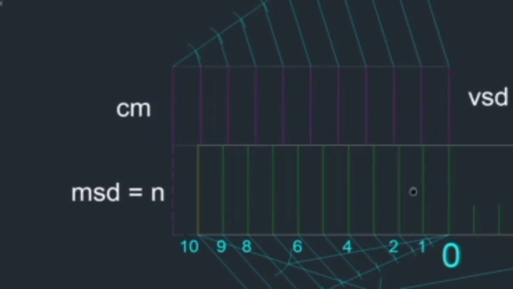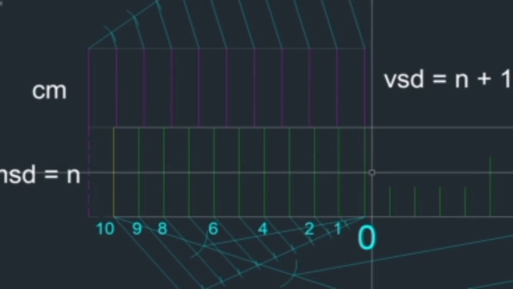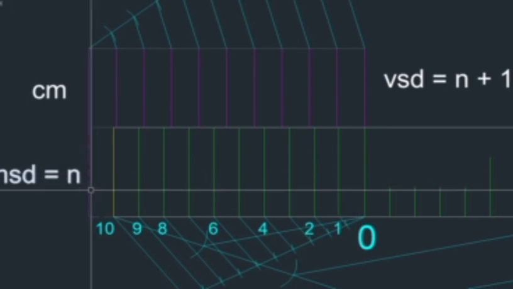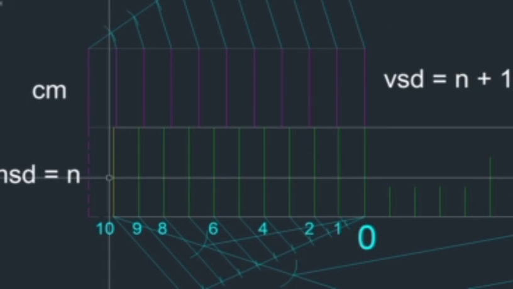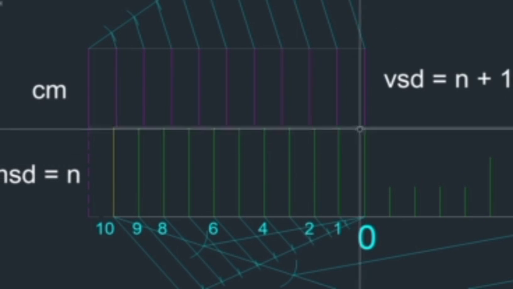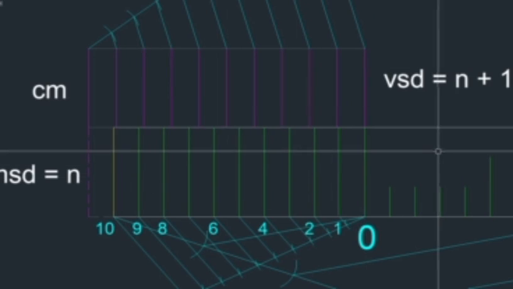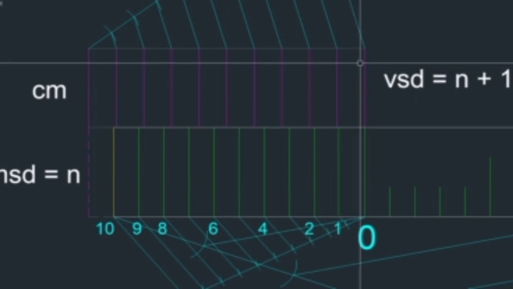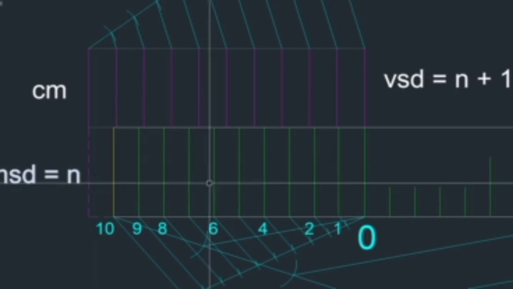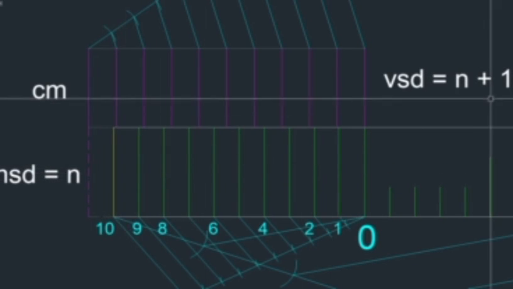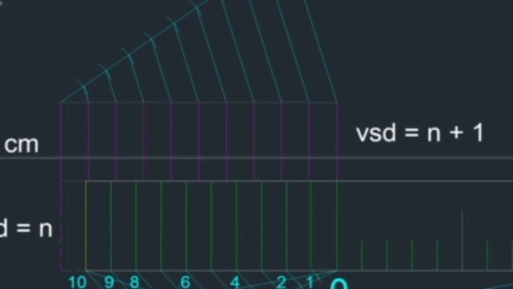So the only thing is, now here you have to understand, this is your main scale division, n unit plus 1. Okay, this is n unit 10, whereas I have taken the same 10 parts here, also 10 parts only, but the length is main scale division n plus 1. You understand?